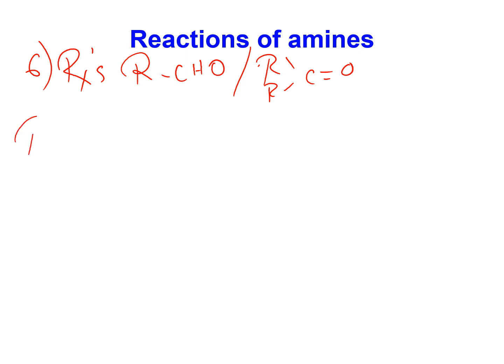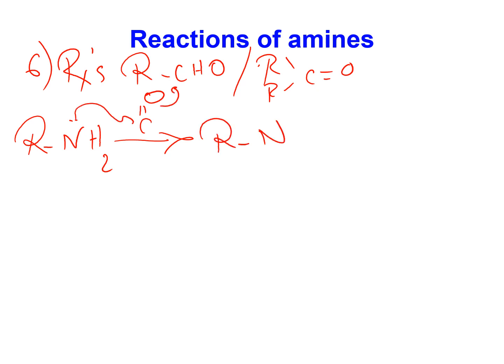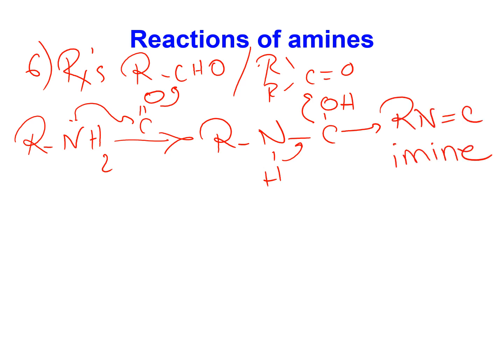If you have a primary amine and you react it with a carbonyl compound, you will end up with, first of all, attack, breaking the double bond here, and then you will have a full condensation, giving the imine, where you have a double bond between the nitrogen of the amine and the carbon of the aldehyde or ketone. Whatever is attached here is not our problem. You can just re-add it as such. So this is how the reaction proceeds in the case of primary amines.